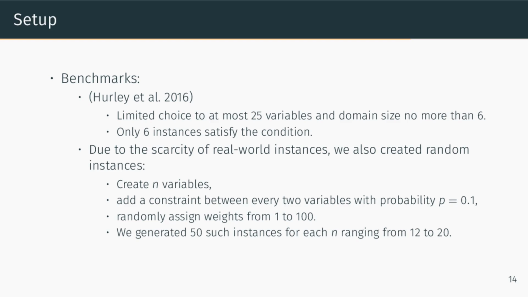Because there are so few instances that satisfy the condition, we also created random instances. So we add n variables and add a constraint between every 2 variables with some probability, and we randomly assign weights from 1 to 100 in each constraint table. We range n from 12 to 20 to generate more instances.